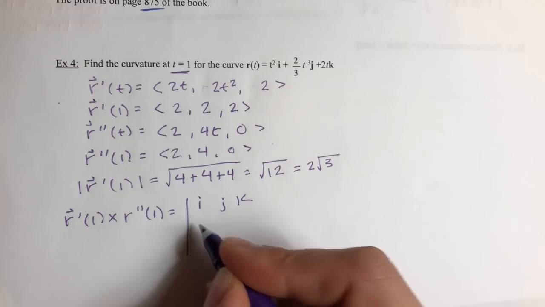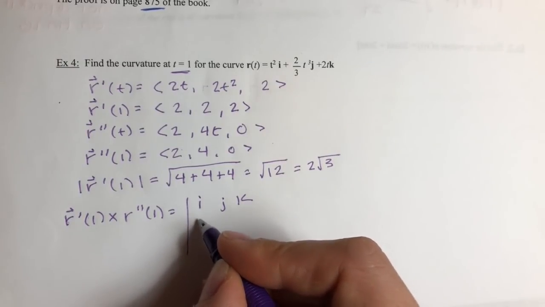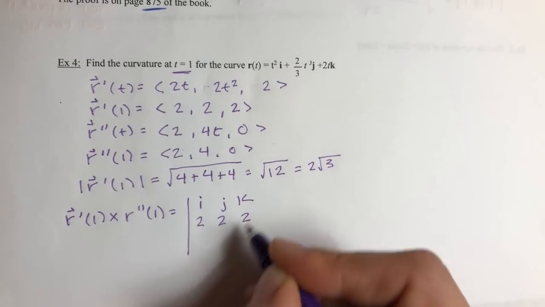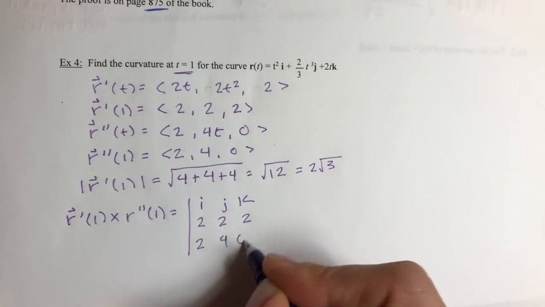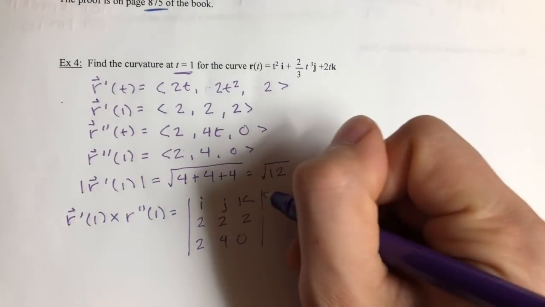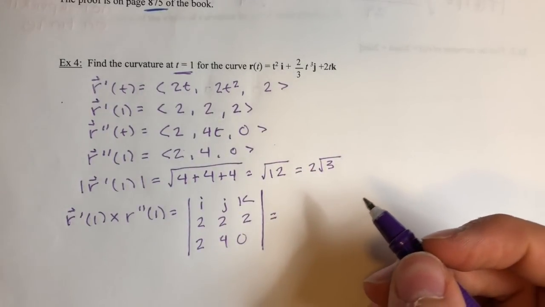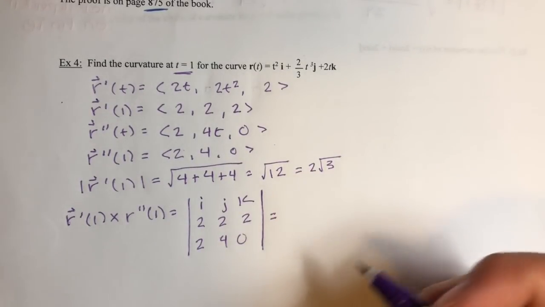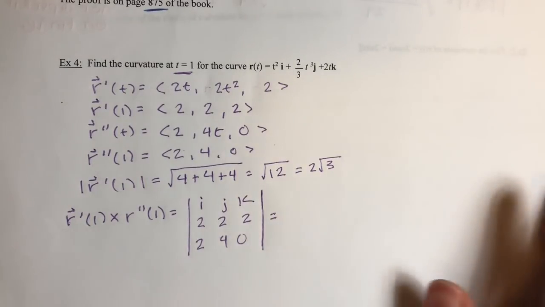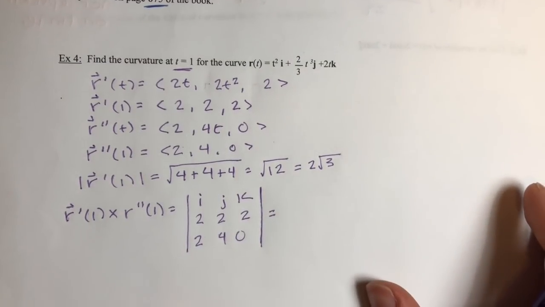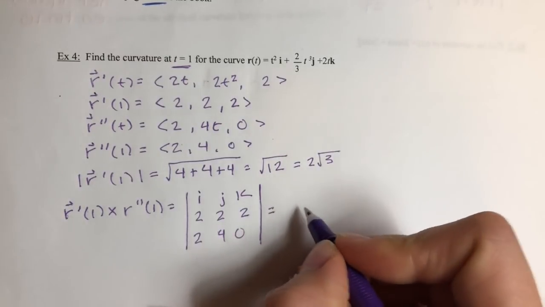I saw that on some of our quizzes this past week. 2, 2, 2, and then 2, 4, 0. I would definitely get in the habit of writing it in linear combination form, because I also saw some people mess up. They forgot that j had to be negative.